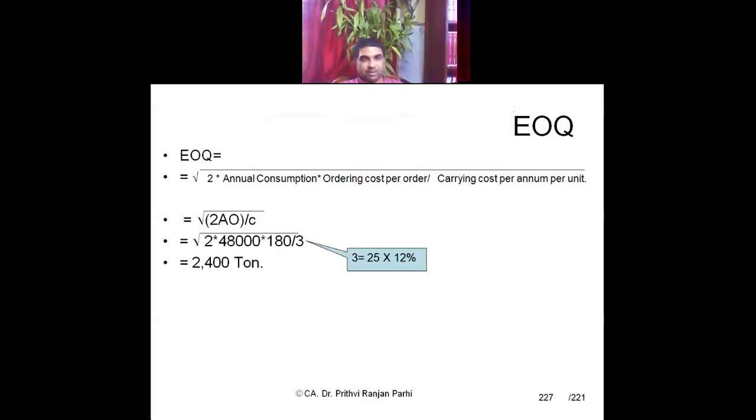So now you have seen. I request all of you to familiarize yourselves with the operation of the calculator with reference to the EOQ formula.